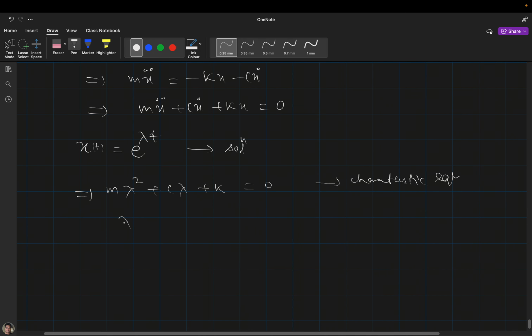Okay, and you will get the roots: minus b plus minus square root of b square minus 4ac, that is minus c plus minus square root of c square minus 4mk, divided by 2m.